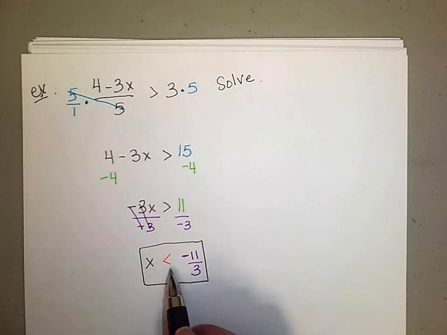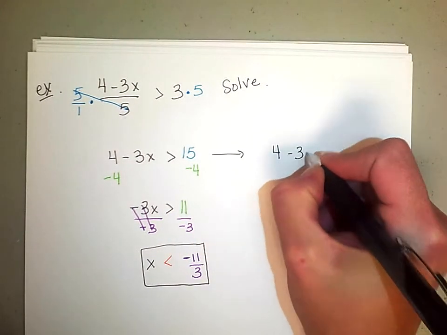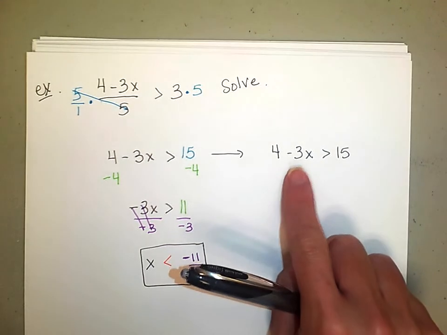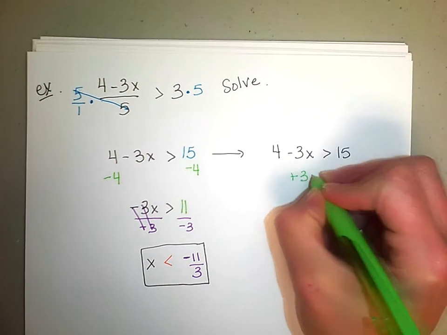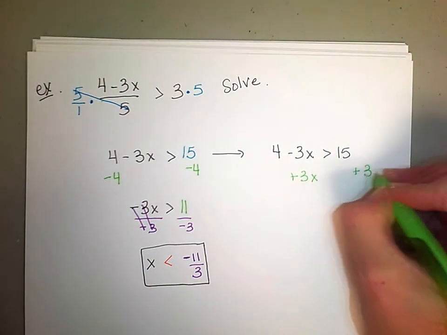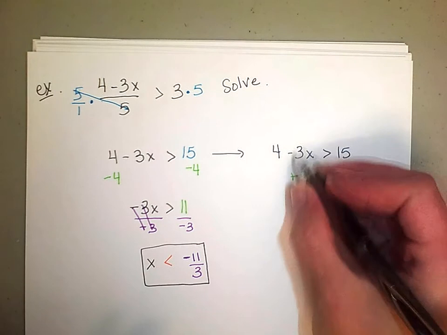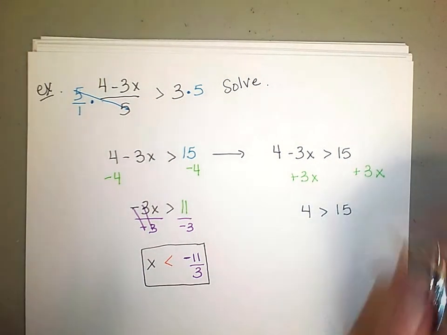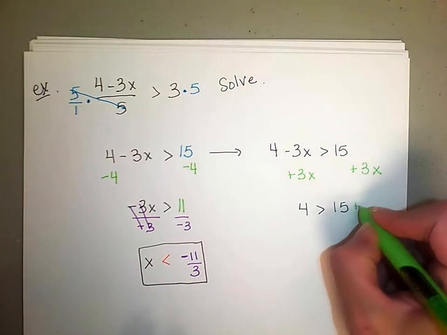So one thing we could do is, let's start from here. 4 minus 3x is greater than or equal to 15. Let's say I notice that there's this negative here. I could have done this in an alternative way. I could have added 3x to both sides. So now this would go to 0, and we'd have 4 is greater than or equal to 15 plus 3x.